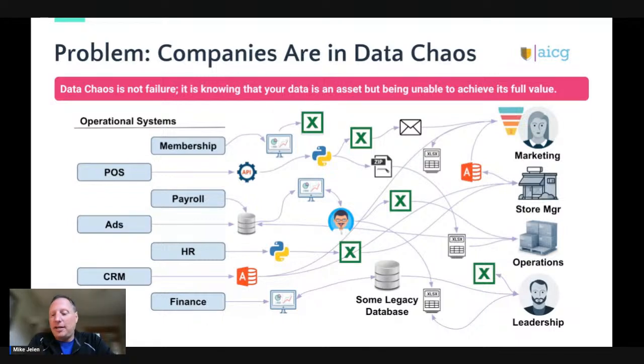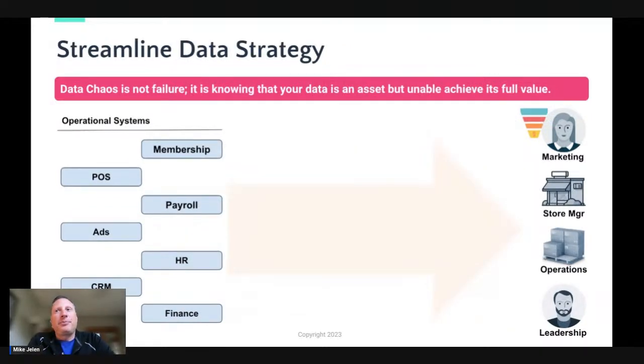So how do you go from data chaos into something that is dramatically better, more streamlined, which means automatic processes, systematic processes that happen on a scheduled basis, nightly, intraday. You also have governance.